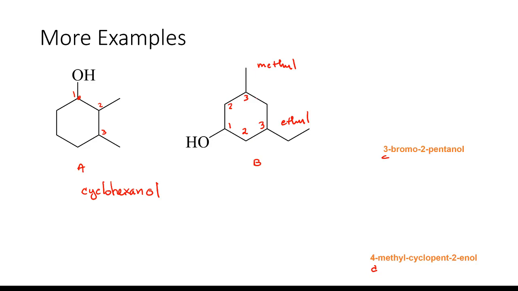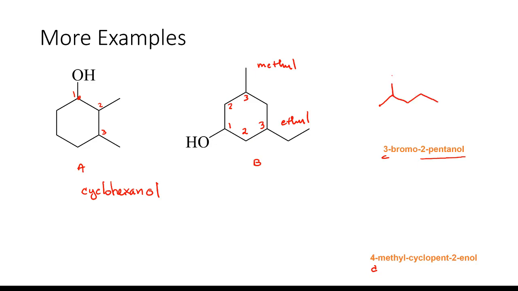Next, what we want to do is practice drawing alcohols. So we'll look at C, and in C, what you'll notice is that we have a 2-pentanol. And as is always the case when drawing structures, start by drawing the parent chain. So I'm going to go 1, 2, 3, 4, that's 5.